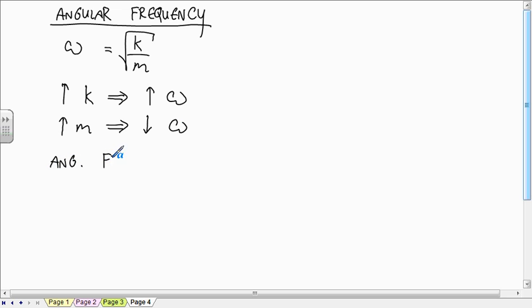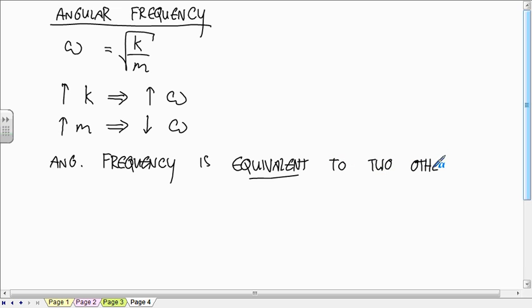Also, angular frequency is equivalent to two other ways of expressing the same information.